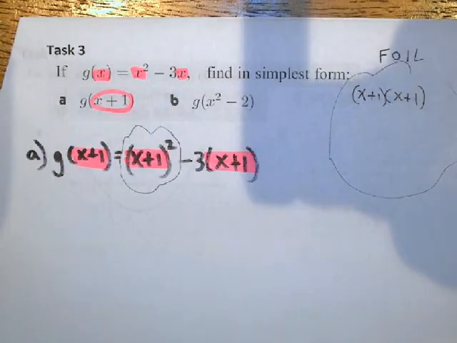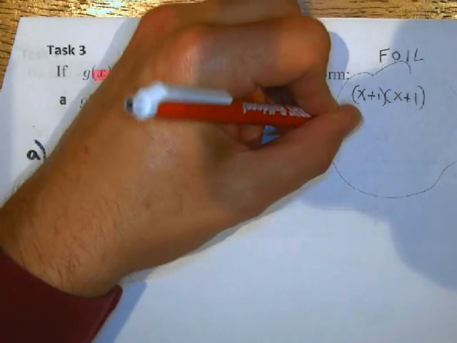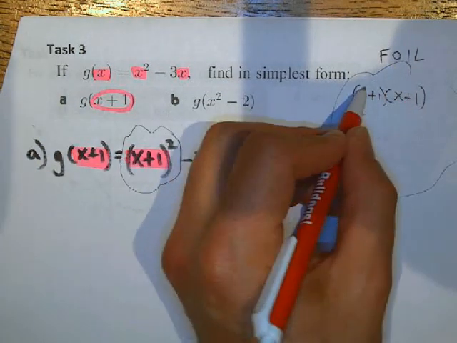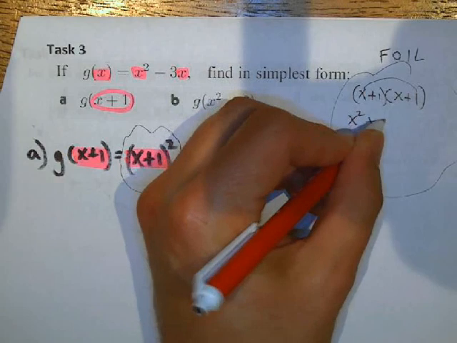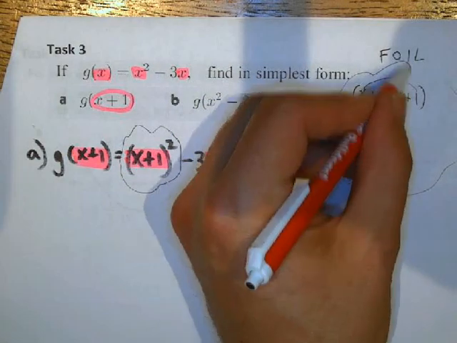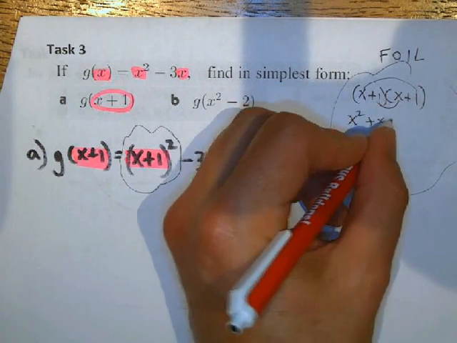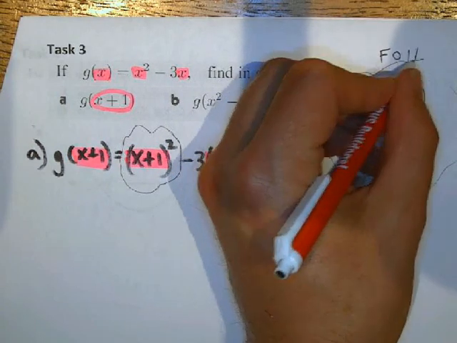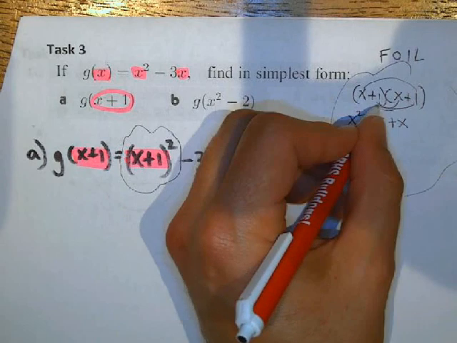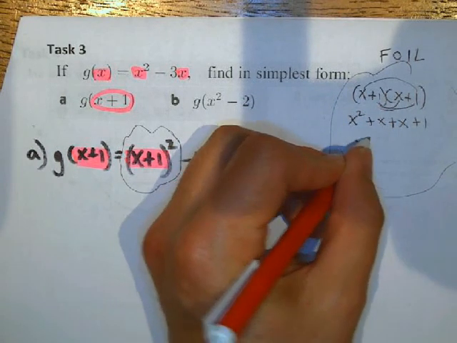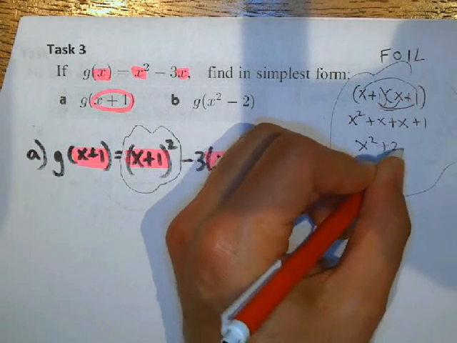The first thing times the first thing, which is x squared. The outside thing times the outside thing, so x times 1, which is x. The inside, I is for inside, inside thing times the inside thing, so 1 times x, which is x. And L is for the last thing times the last thing, which is 1.